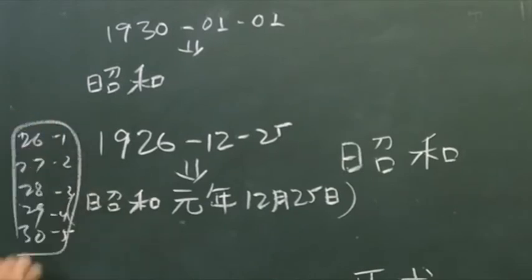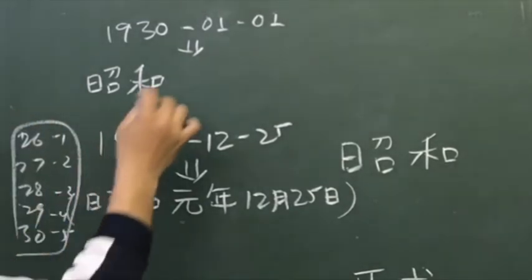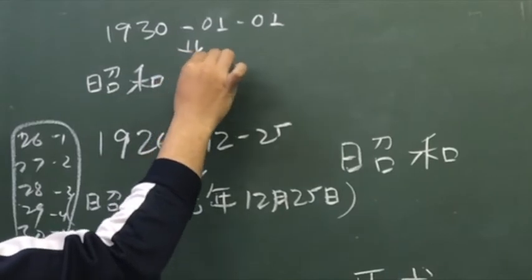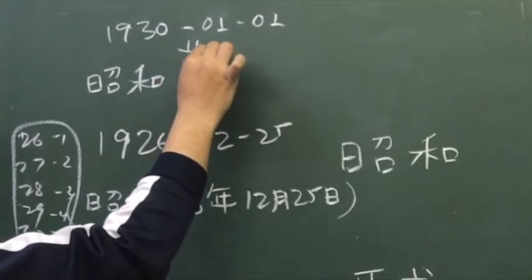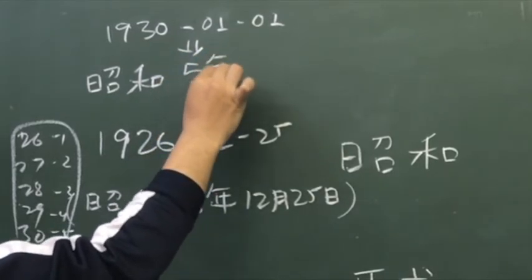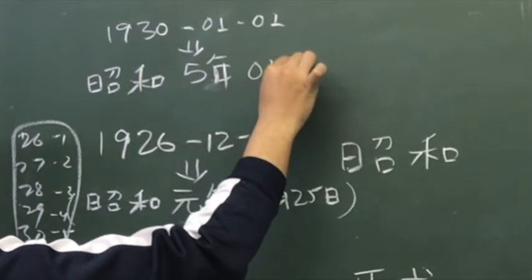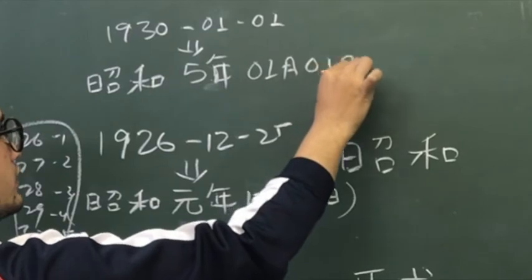If you count in this way, it would be 5, so it would be Showa go, okay, I always make mistakes here, 1月11日.